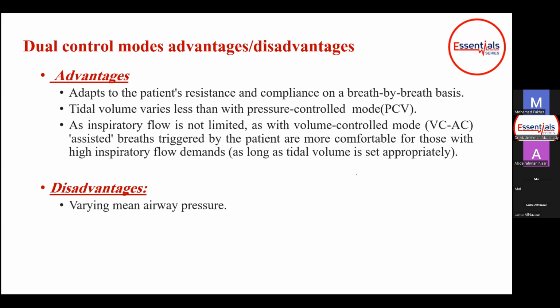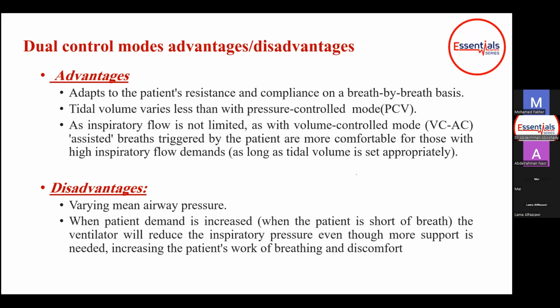But there are some disadvantages of the dual control modes, like the variation in the mean airway pressure. If the patient has too much variation in his lung compliance, there will be variation in the mean airway pressure. Also, when the patient demand is greatly increased, the ventilator will reduce the inspiratory pressure. It will be deceived, reducing the inspiratory pressure thinking that the patient has improved compliance, and that didn't happen.